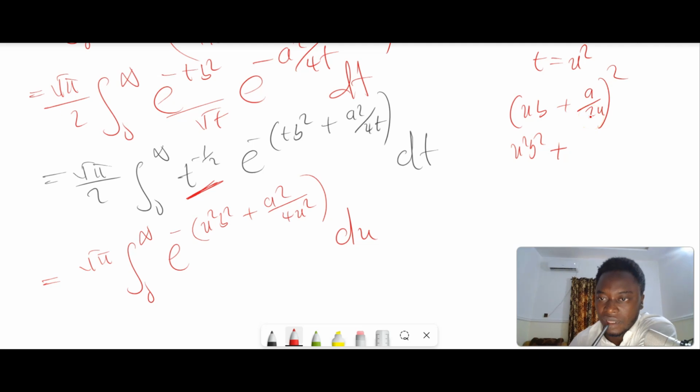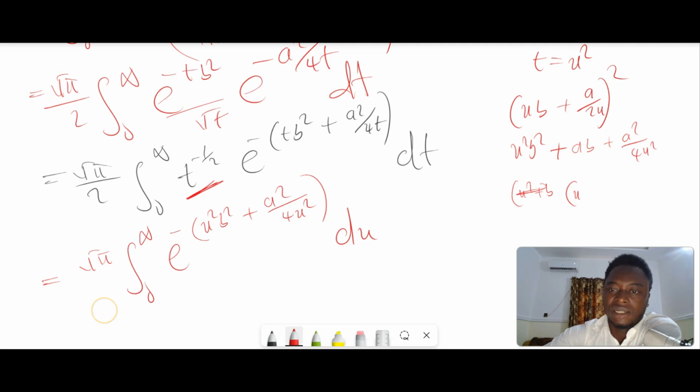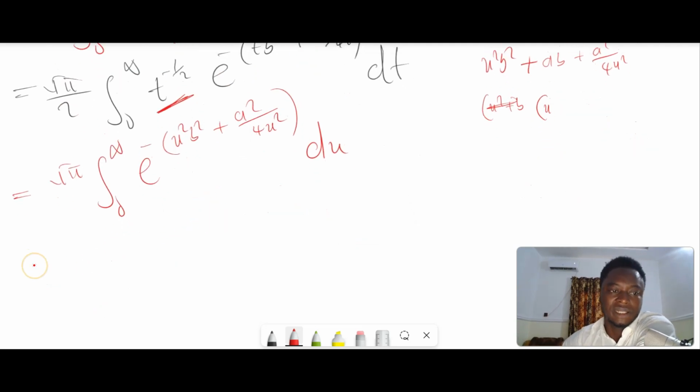If you multiply them, the u cancels out, so you have an ab, and if you square, you have a squared over 4u squared. So we can write this as u squared b squared plus a squared over 4u squared.